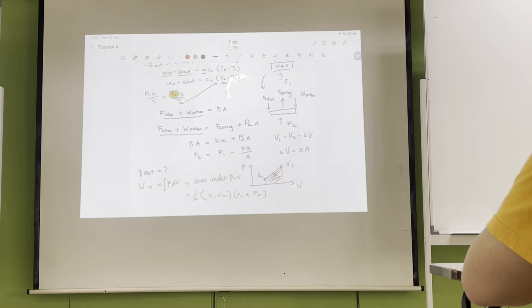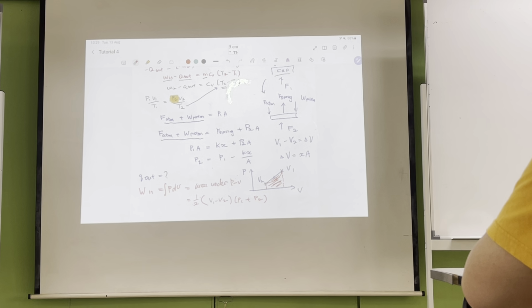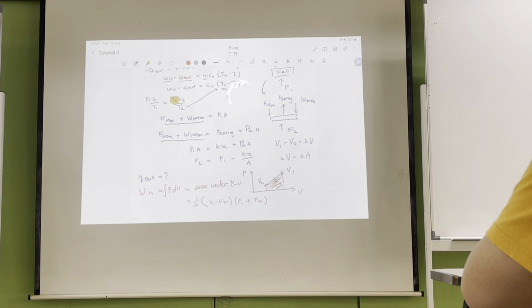Okay, area under the graph. This is for the trapezium. If you don't remember, you can just split it into two, one rectangle, one triangle, then add them up.